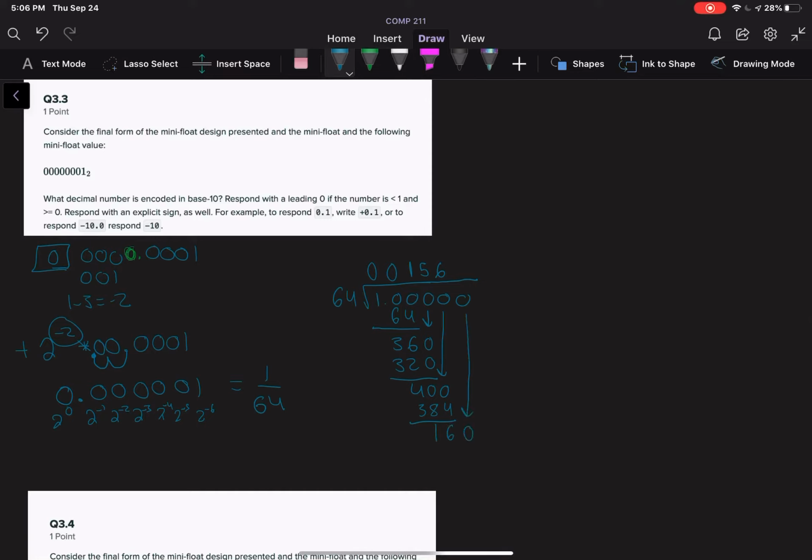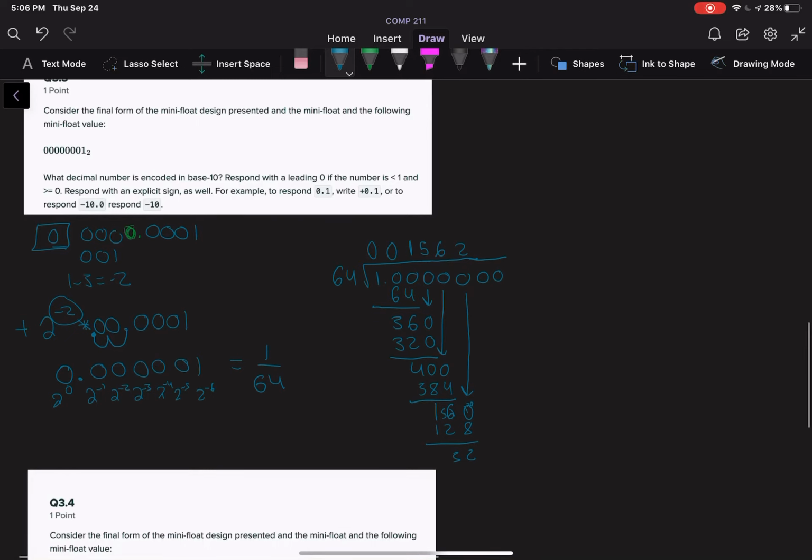And then we have a 160. And we know that's 2 because 2 times 60 is 120. So that's 128. And then 160 minus 128, that's going to be 32.